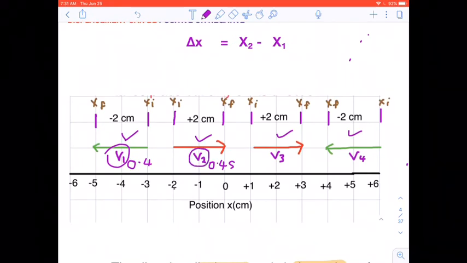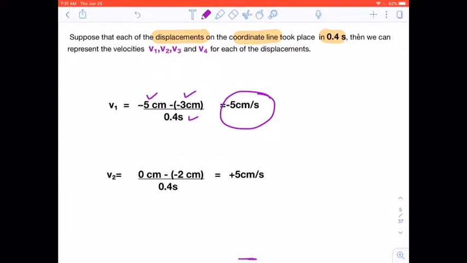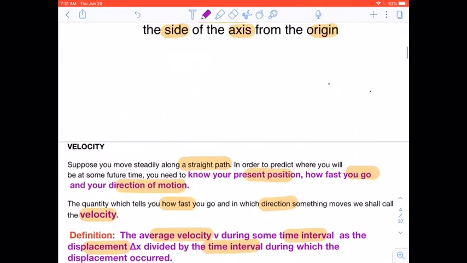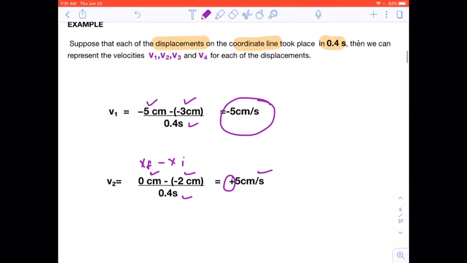Let's say we have V2, and V2's initial is -2 and the final is 0, right? So in that case, change in x would be x final minus x initial. So x final is 0 minus -2 divided by 0.4, so we find that the velocity is positive. It's moving in a positive direction. So that's your velocity.